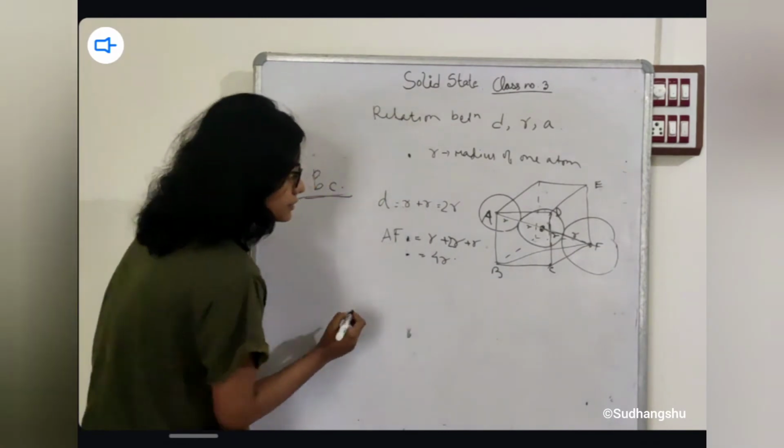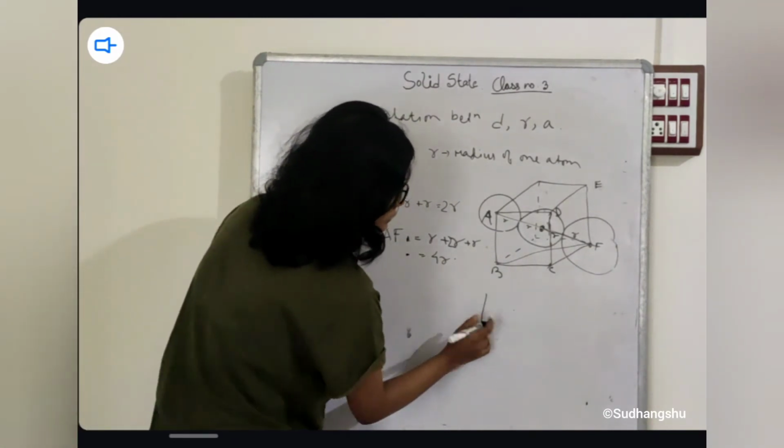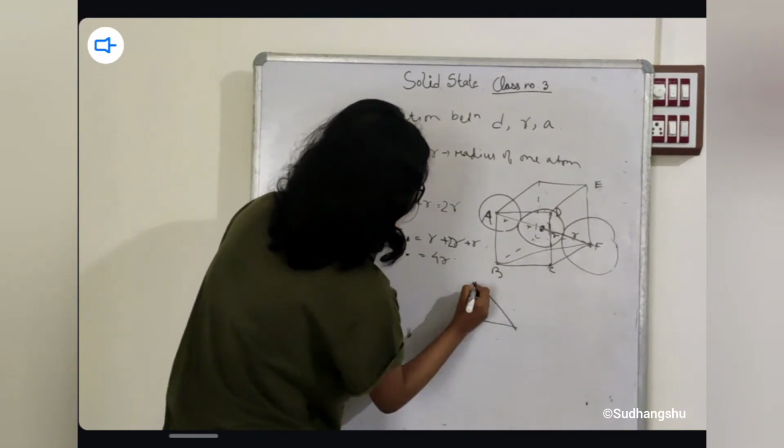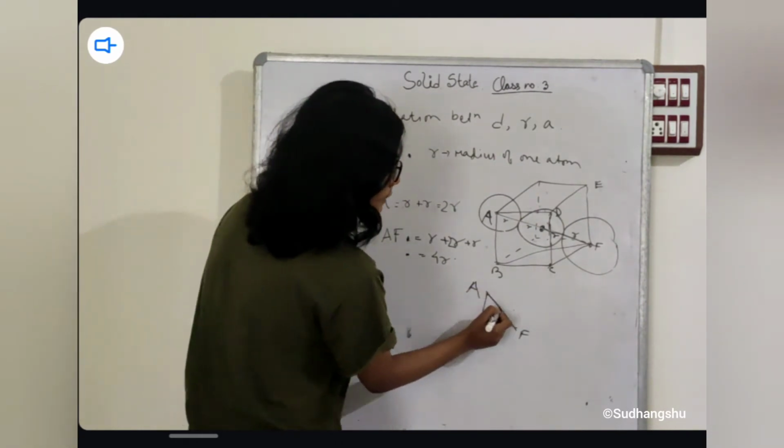Now you see there is a triangle like this: A, B and F, and AF is the body diagonal.